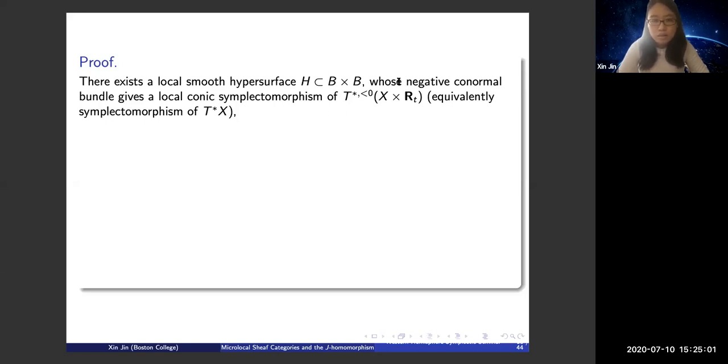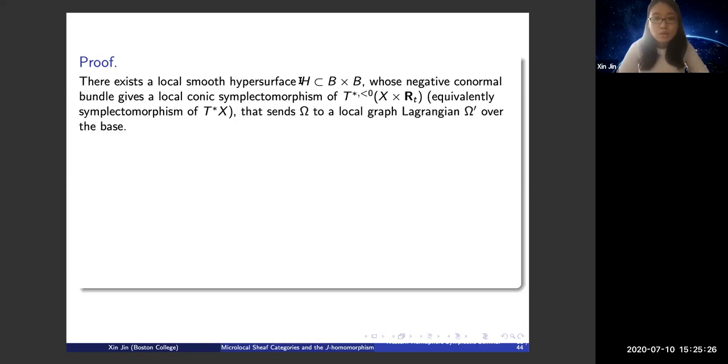And this has the feature that its negative conormal bundle gives a local conic symplectomorphism of this open half cotangent bundle. Equivalently, this is a symplectomorphism of T star X, also local.